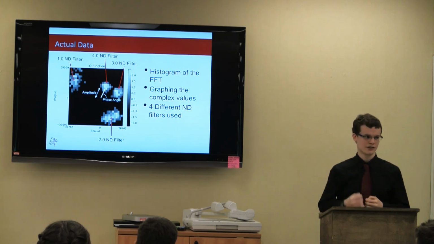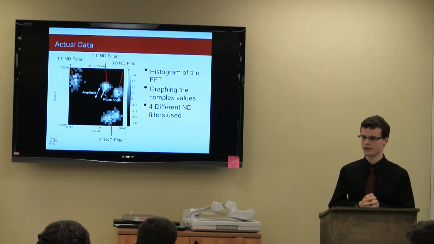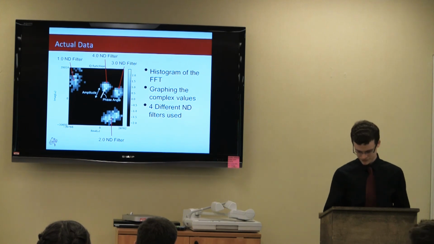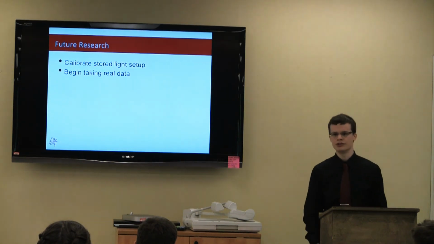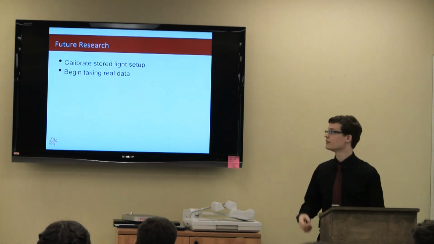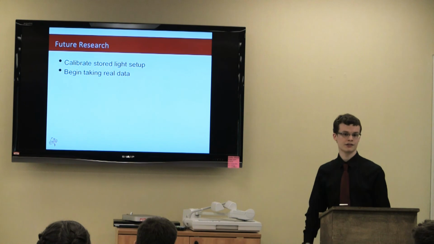This is yet further confirmation that our method is working as we expect. So our mode detection method seems to be working pretty well. And now all we have to do is to finish calibrating our stored light setup and then begin taking real data.